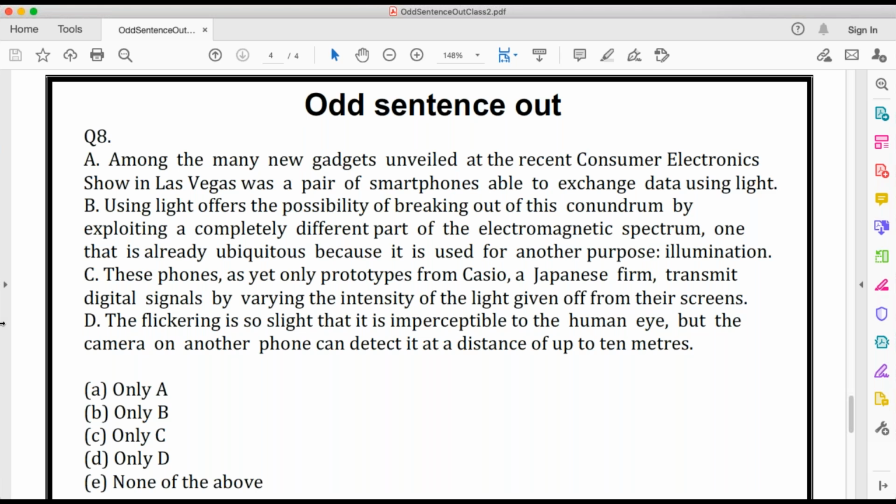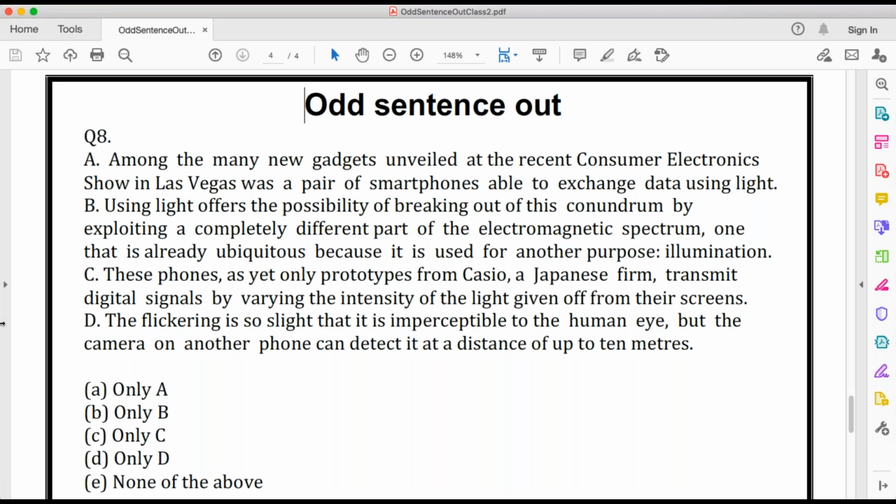Is the first sentence talking about the unveiling of a pair of smartphones? Is my sentence number C also talking about the smartphones, these phones?